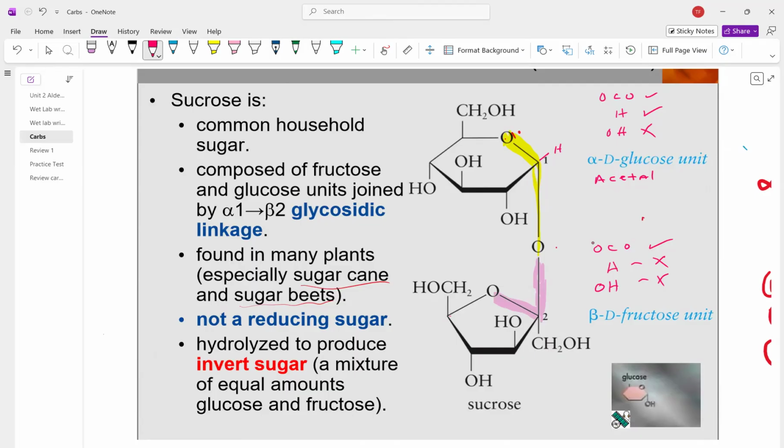So this is going to be a ketal. Because the H isn't there. Okay, so is this a reducing sugar? Is hemiacetal present? No. So it's not a reducing sugar.